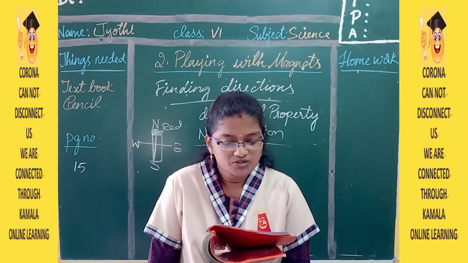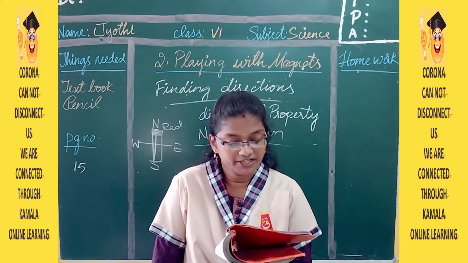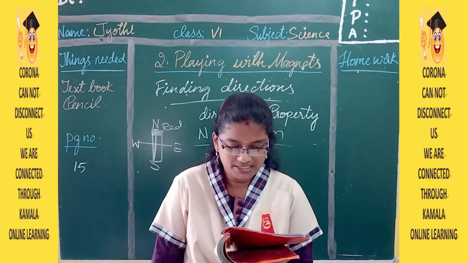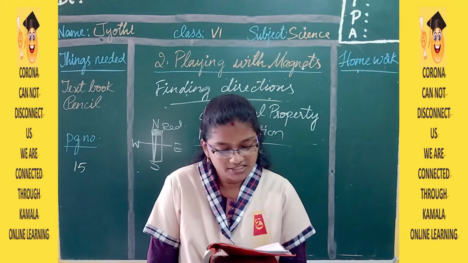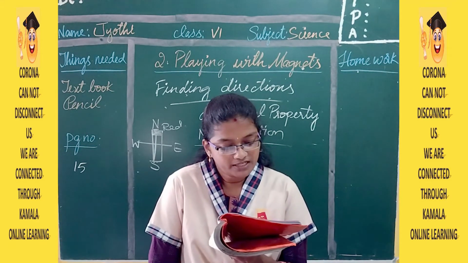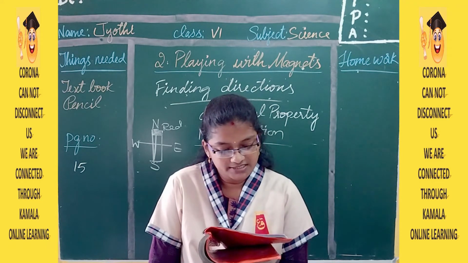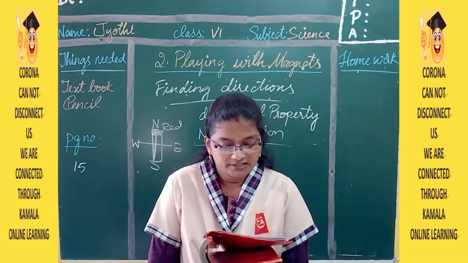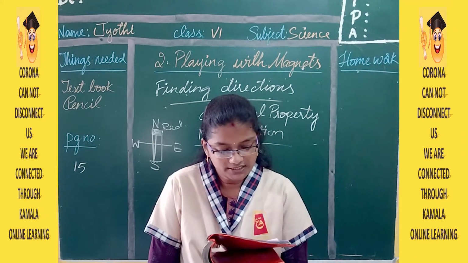A compass is usually a small box with a glass covering. A magnetized needle is pivoted inside the box in such a way that it can rotate freely. The compass also has a dial with directions marked on it. The compass is kept at the place where we wish to know the directions.